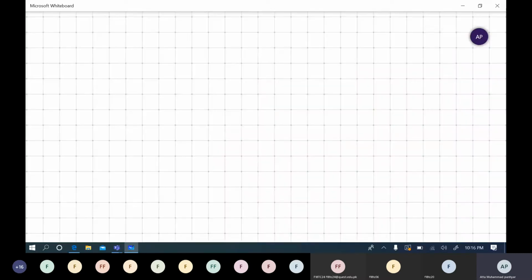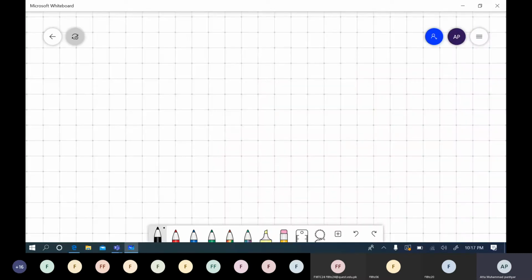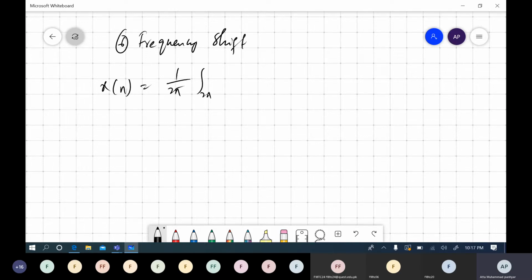Let me use another whiteboard, otherwise it keeps on hanging. The sixth property is frequency shift. What if we shift the frequency? We saw the time shift. For example, if we have a signal x of n, by definition we know it is equal to 1 over 2 pi x of omega e to the power j n omega d omega.